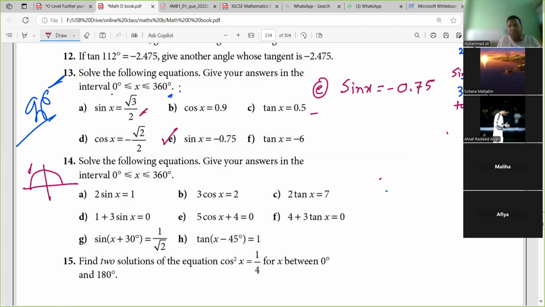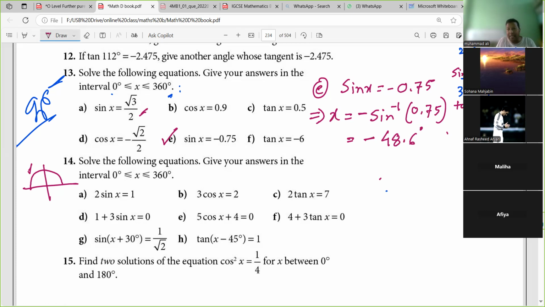I always suggest you, when you write x equals, keep the minus outside. After that, write sine inverse 0.75. Minus shift sine inverse 0.75. The result comes 48.6 degree.